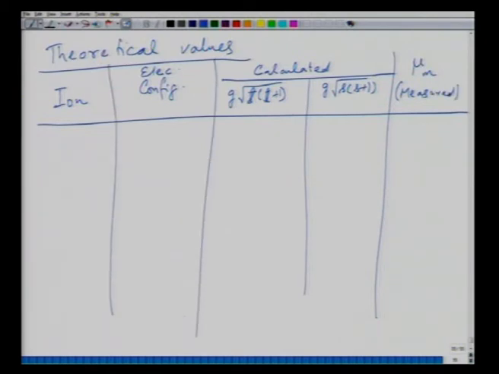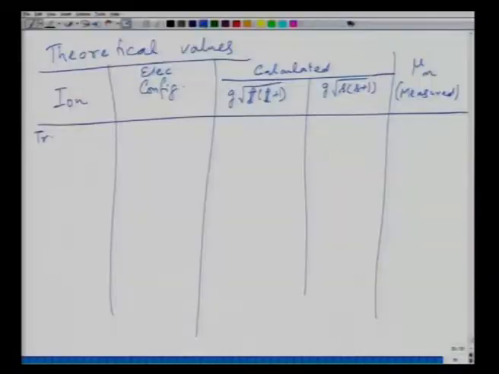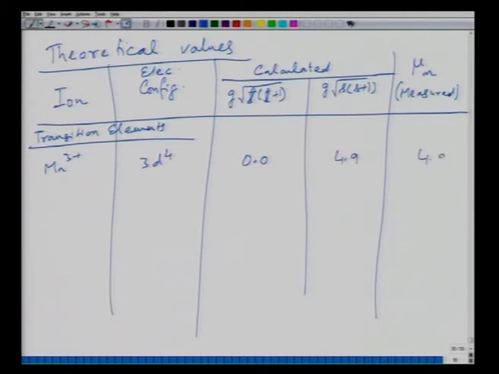Electronic configuration I am going to take only for the last few shells. So for transition elements, let us say manganese 3 plus has 3d4 configuration, and the orbital value would be 0, the spin value would be 4.9, and the measured is 4.9.